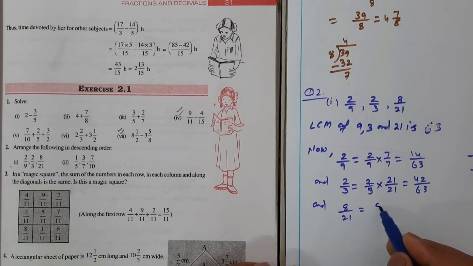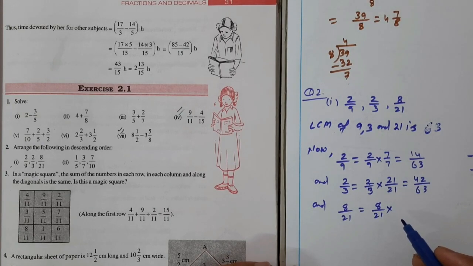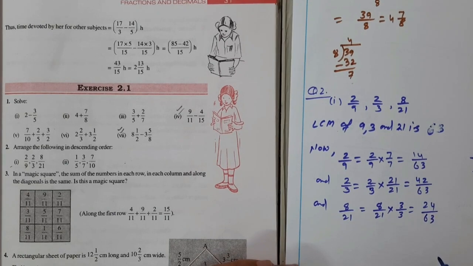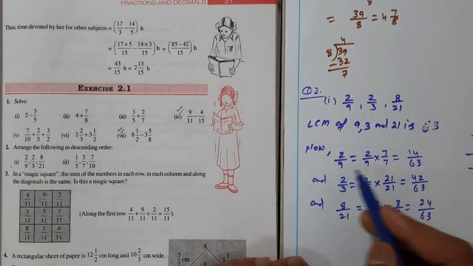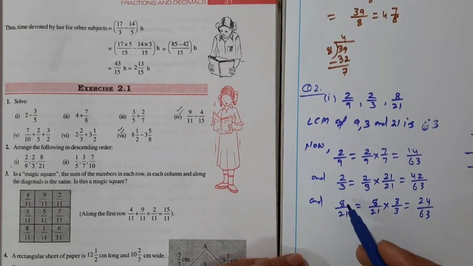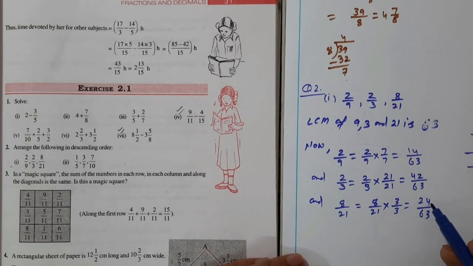And 8/21 equal to: to make 21 into 63 we multiply by 3. So 3/3, 8 into 3 is 24, 21 into 3 is 63. Now 2/9 is equal to 14/63, 2/3 is equal to 42/63 and 8/21 is equal to 24/63.